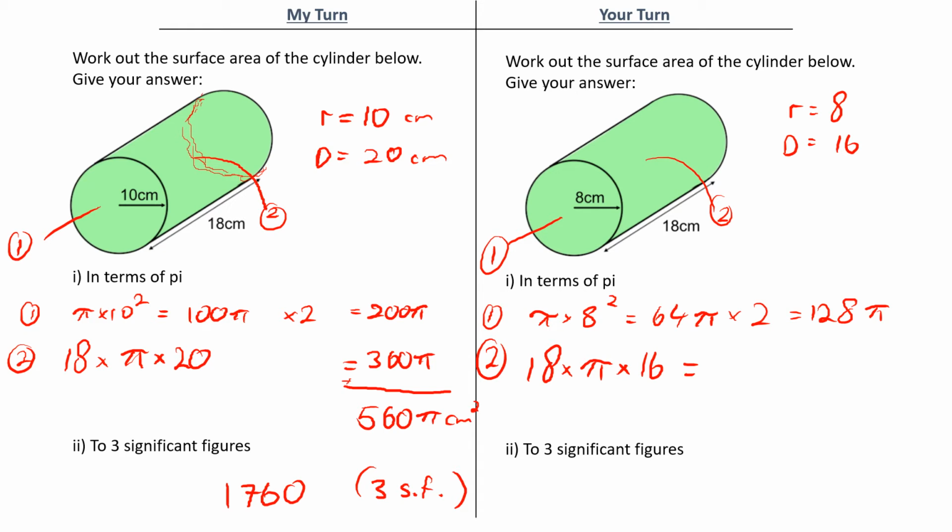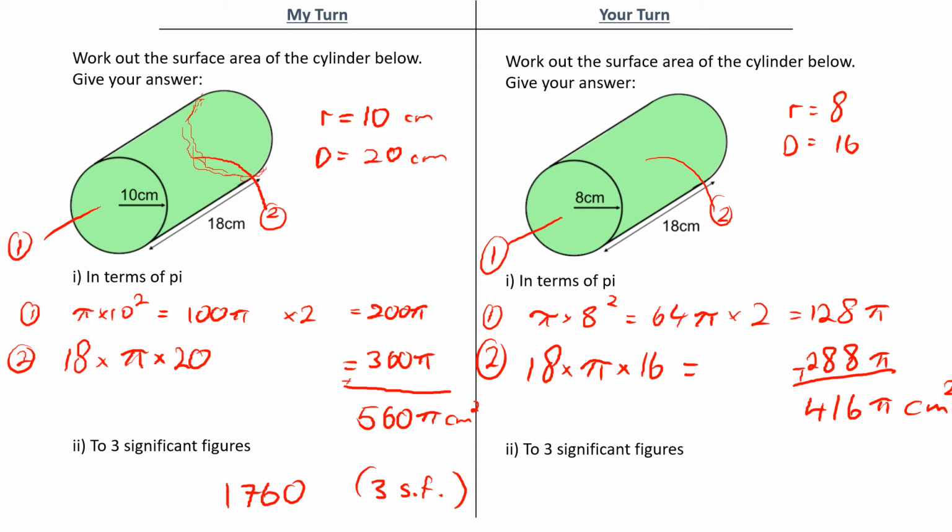So we've got 18 times 16, 288 pi. So for TSA, add them together, 416 pi, and my units centimeters squared.